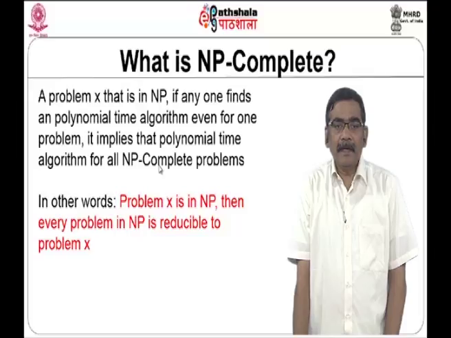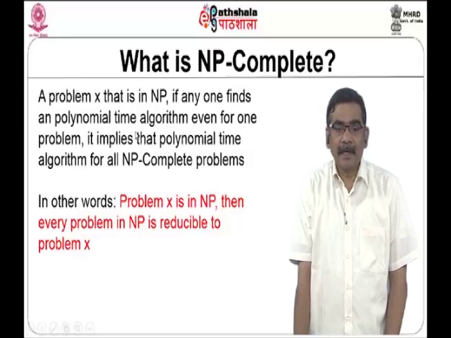Here complete means it is a complete set of problems where, if there exists a solution for a problem x, then this solution will provide a solution for all the problems under that category. In other words, the entire set will vanish if any one of the problems is solved.